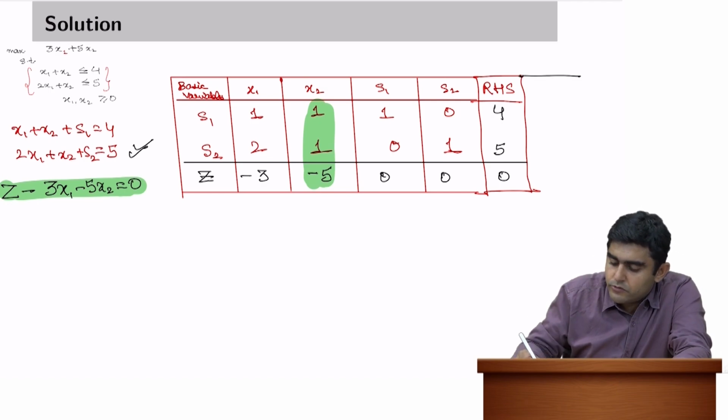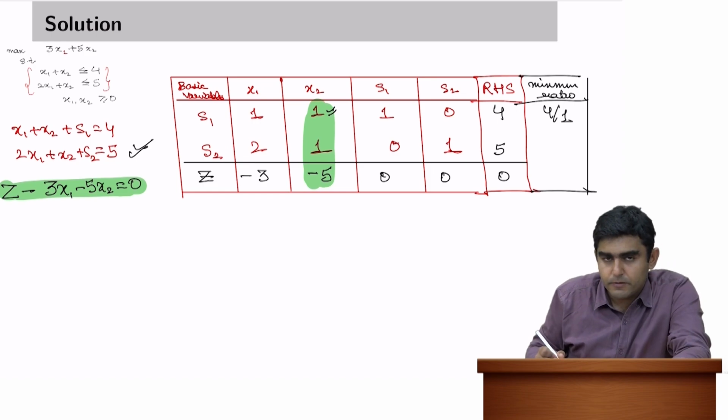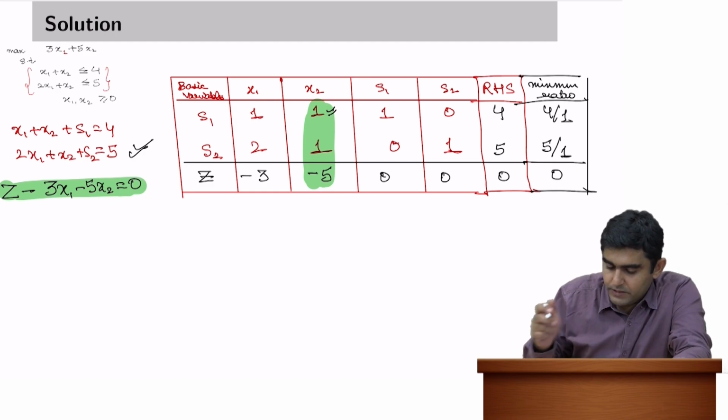For that, we also defined what we call the minimum ratio. So we will define the minimum ratio here. This ratio comes out to be the RHS divided by the highlighted corresponding element, 5 divided by 1, and here this still remains 0 because we have not updated anything.